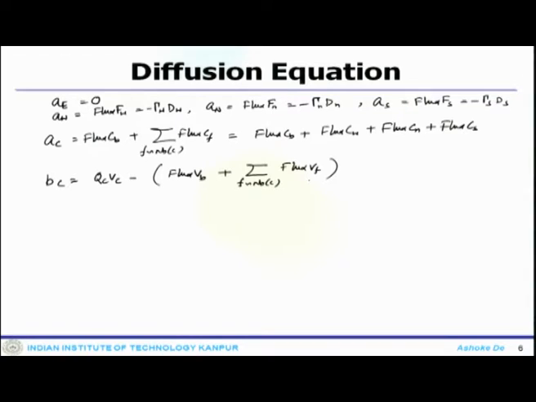Okay. So, though the discretized algebraic equation looks similar for all sorts of conditions like Dirichlet condition, Neumann condition and mixed condition, the differences lie in the expression of these coefficients and the source term. Now, having said that, these are the primary three boundary conditions which one can come across while applying the boundary condition for a physical problem. Either you have a specified value or you will have an applied flux.